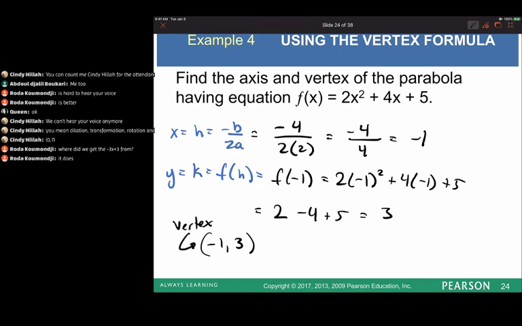And then the axis. The axis is always just the x coordinate of the vertex. So once we have the vertex, we'll say the axis of symmetry is just going to be x equals negative 1. So that should be it there. Negative 1, 3. I'm going to clear this out.